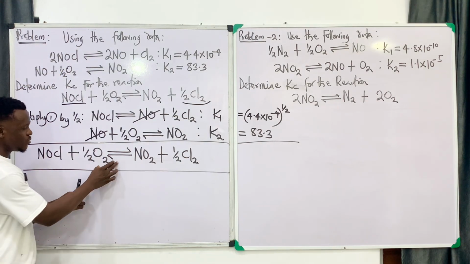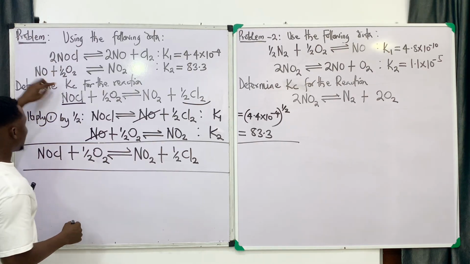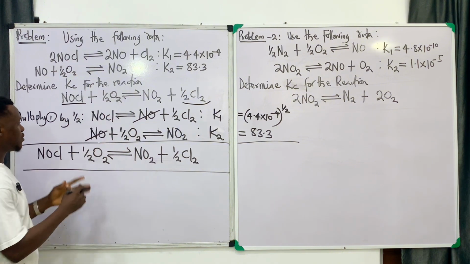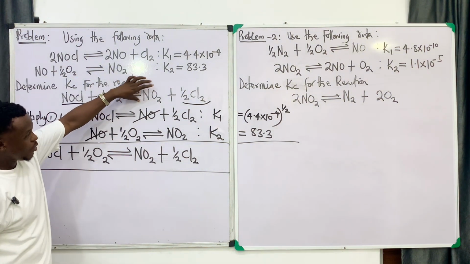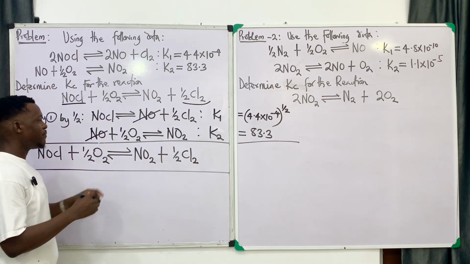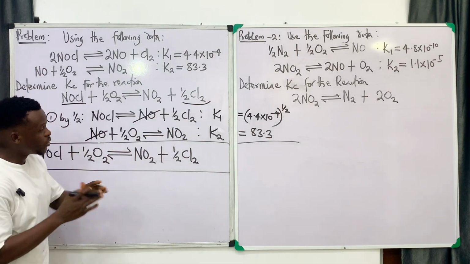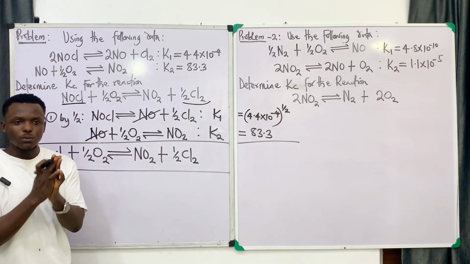They did not ask us to just rearrange and give them this equation. No, the question says determine Kc for this reaction. So the main purpose of doing all of this was for us to get the Kc, that is the equilibrium constant of this overall reaction. Remember I told us that for equilibrium constants, once you're done rearranging, you're not going to add up those equilibrium constants, you're going to multiply.